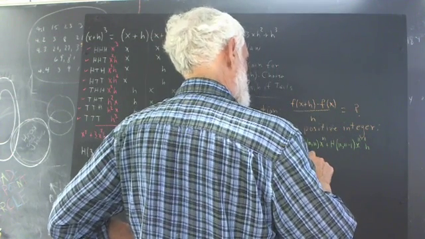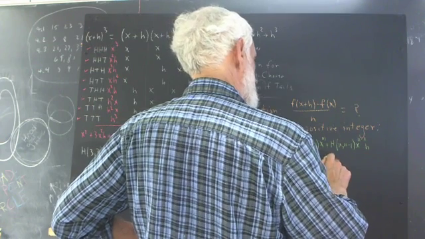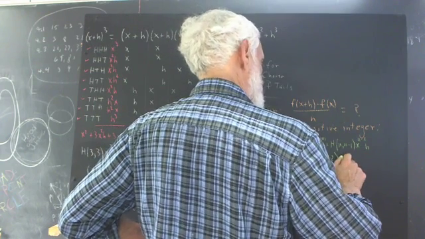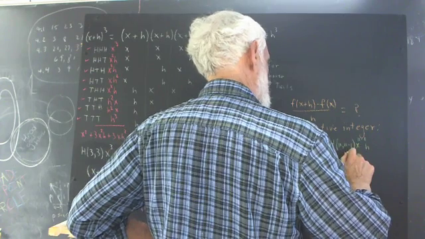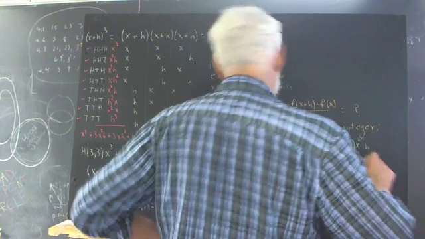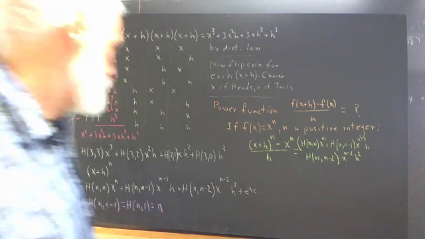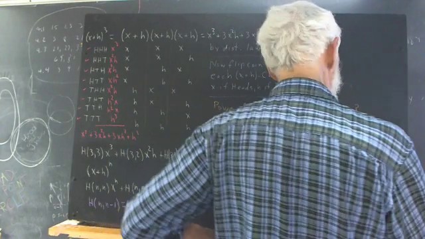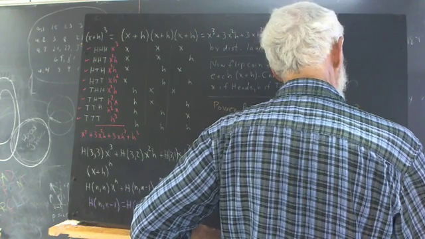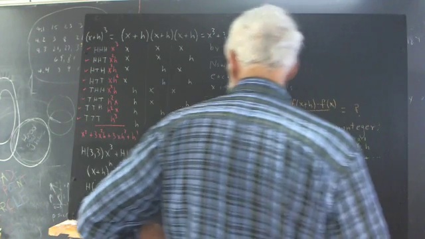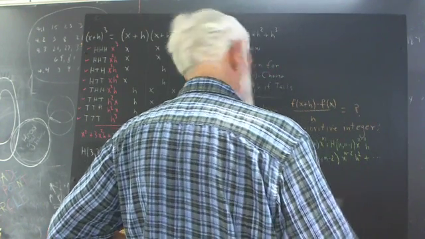Then H(n, n-2) times x to the n-2 times h squared, plus, and so on, down to the end.